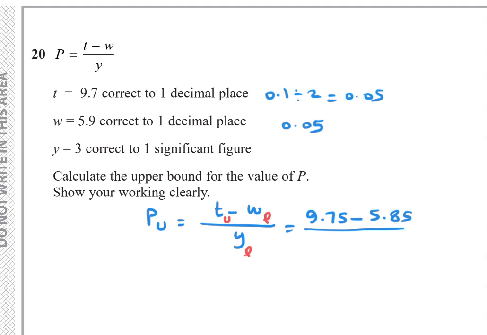Y equals 3, correct to one significant figure, and we have units, so this means correct to the nearest 1, divided by 2 is 0.5. I need lower, so subtract 3 minus 0.5, so 2.5. Now use your calculator to find the answer, which equals 1.56.